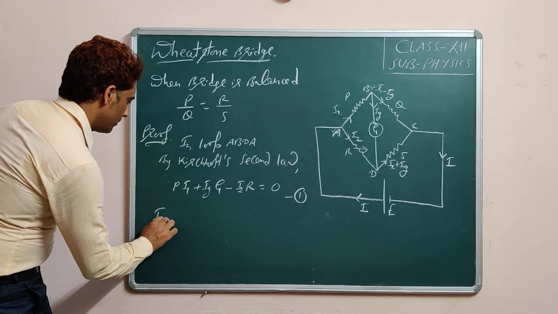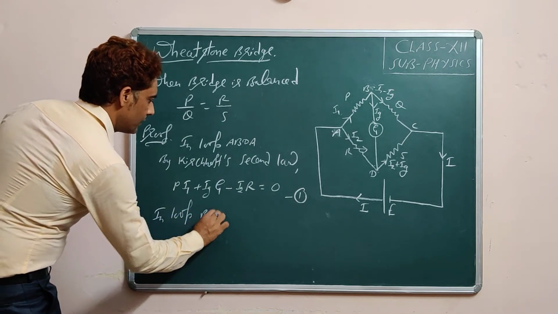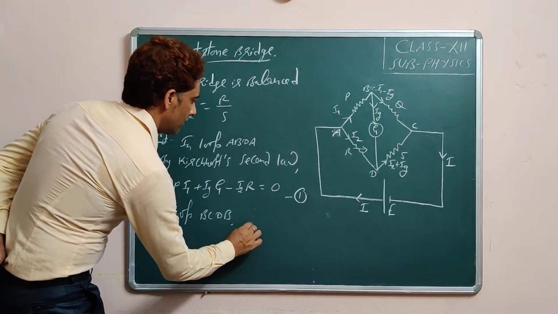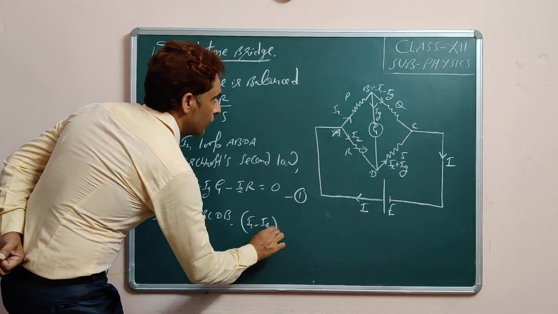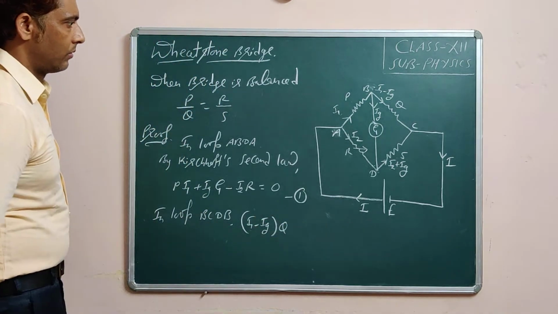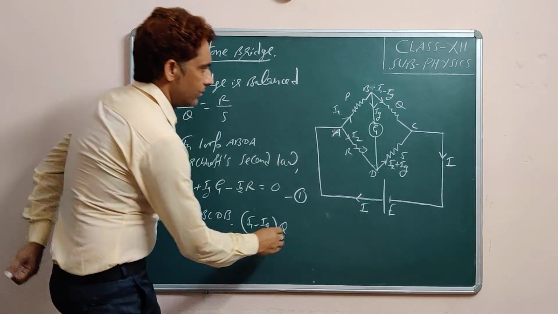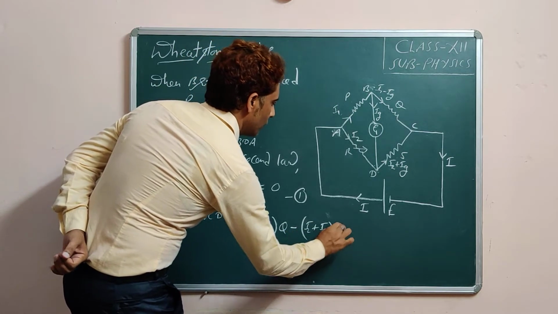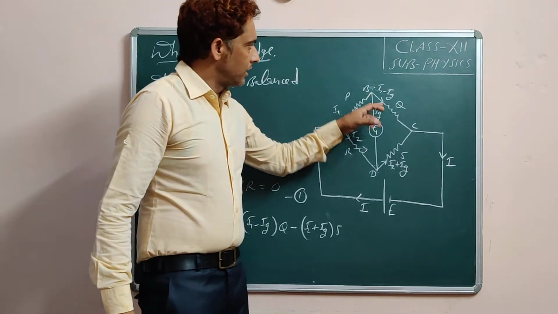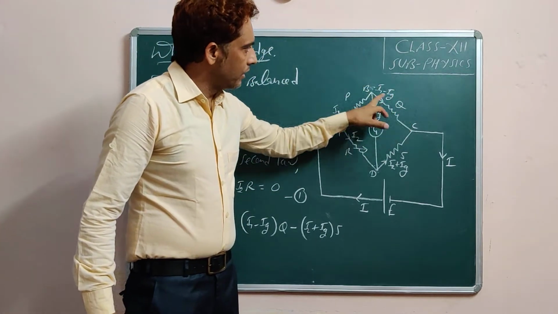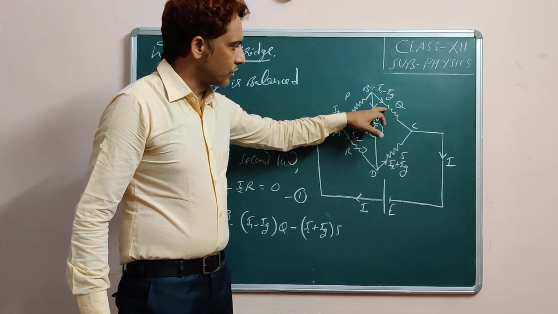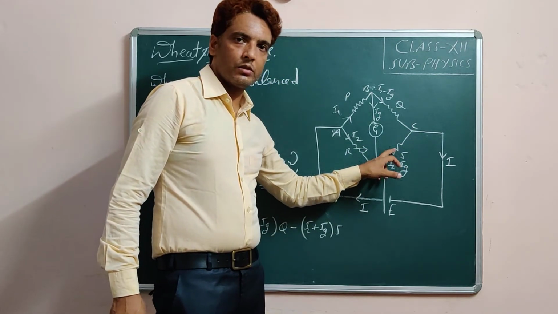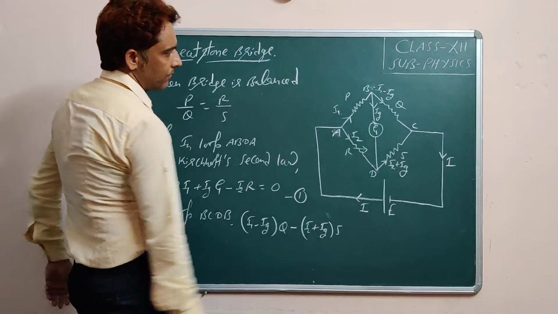In loop BCDB, I1 minus Ig into Q minus I2 plus Ig into S. Because we are traveling through this side, the potential drop across Q is taken as positive, but here the current is toward this side and we are moving toward this side, so the potential drop across this should be negative, so I have taken it as negative.